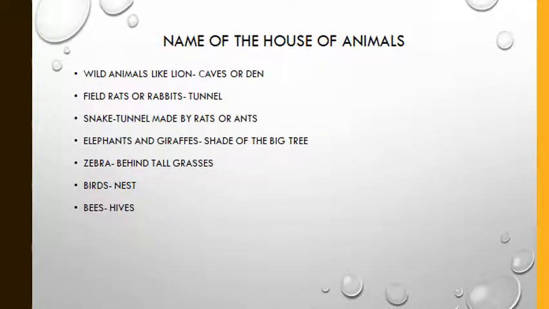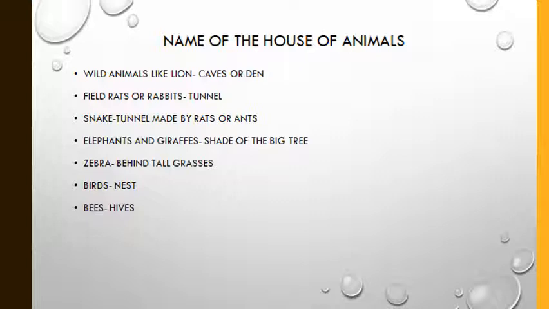Now we will learn about the names of the houses of animals. As we all know, we need a house to live in and to protect us from heat, cold, rain, enemies, and also some other animals. In the same way, animals also need homes to protect themselves from cold, heat, and their enemies.